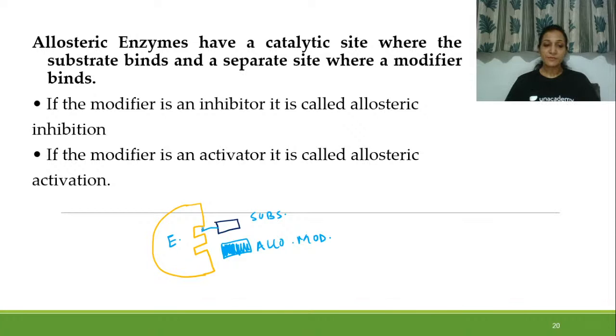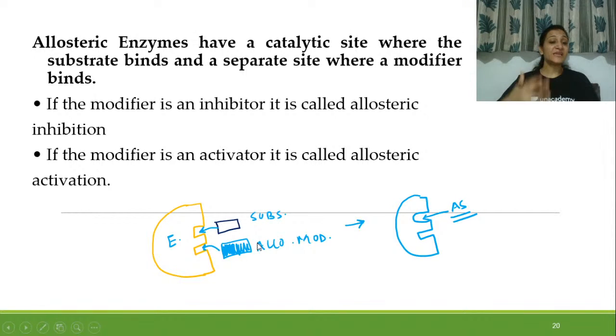The substrate will be binding at the active site and the allosteric modulator will be binding at some other place. When the allosteric modulator binds at some other place, it will lead to a change in the conformation of the active site. So now your substrate would be binding to the active site more tightly, or it will be binding loosely.